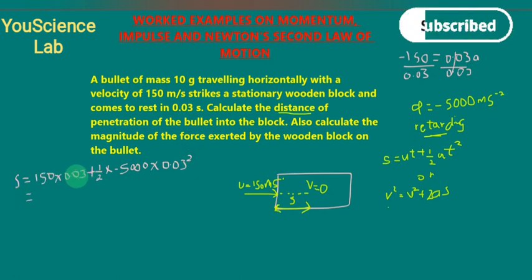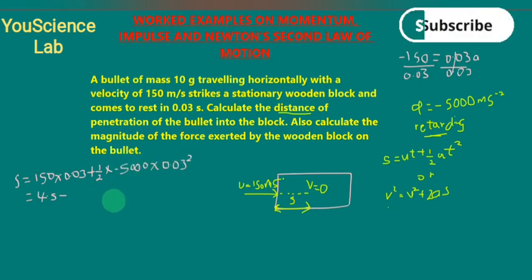So s is equal to 4.5, plus times minus is minus, then 5,000 times 0.03 squared divided by 2 is equal to 2.25. So on subtracting, s is going to be equal to 2.25 meters. So we can tell the distance traveled by the bullet is 2.25 meters.